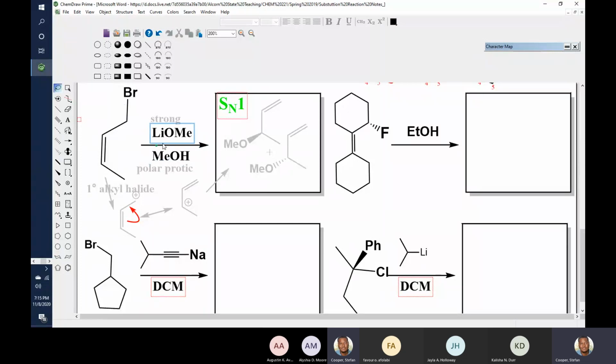I can't say all that yet because we haven't talked about this being a base, but this is actually a base as well. Protic solvents are acidic, and this is going to also interact. But when this base interacts with this, it makes the same thing. Lithium hydroxide, the O is just going to grab an H, and you get OMe minus, and lithium is going to be attracted to it.